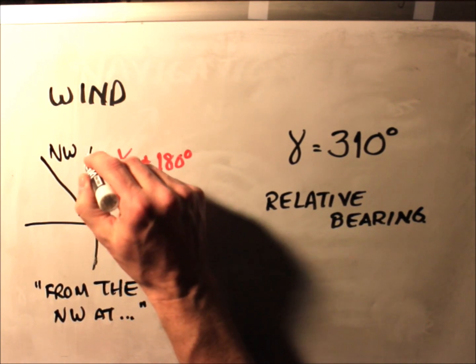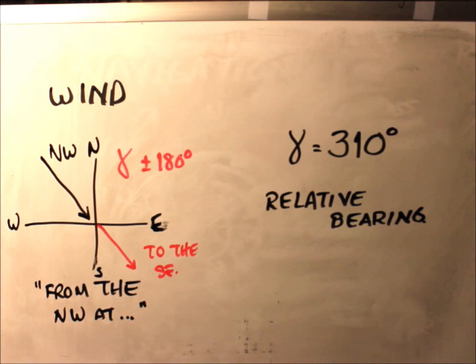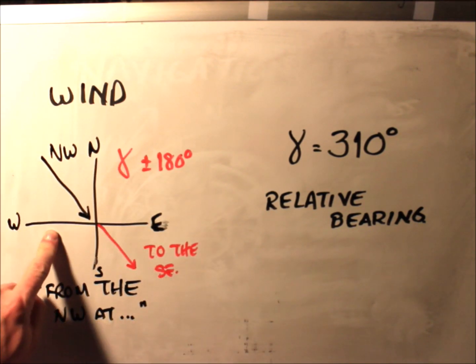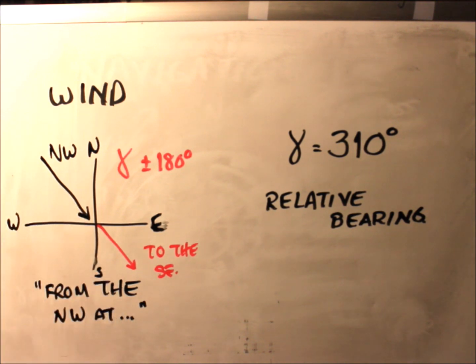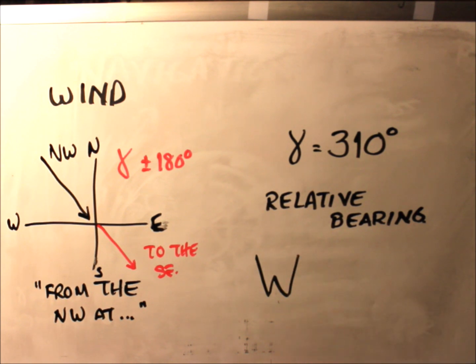We have our primary compass directions: north, east, south, and west. And if we take a compass bearing of 310 degrees, the first thing we do is decide which of these is closest to 310 degrees. If we go all the way around to west, that's 270 plus 40, so west is closest. So we would say West, in a big capital letter here, just to emphasize it.